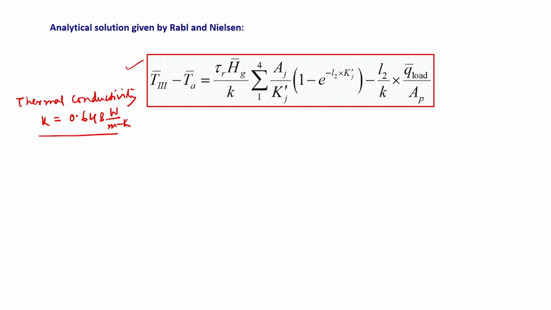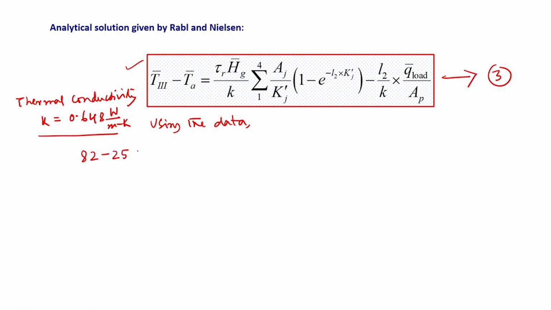So, using the data, this equation maybe we can write as 3. Okay. So, we know the value of T3 bar. So, this is 82, okay, 82 minus TA is 25.